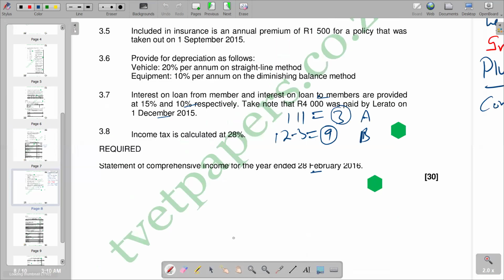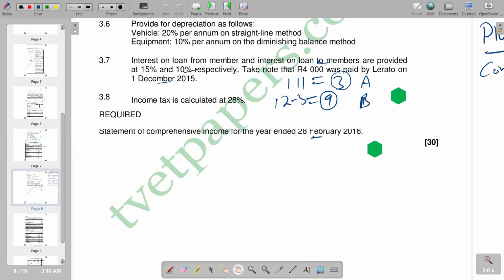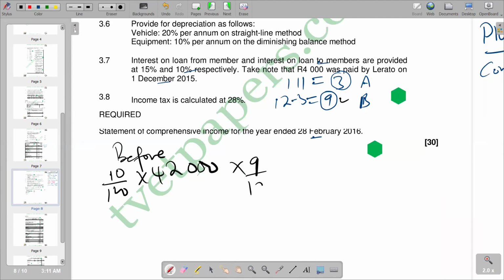So we start by calculating the interest before repayment, and the percentage is 10%. So you are saying before repayment, the balance was 42,000. So you are saying 10 over 100 times 42,000 times 9 over 12.